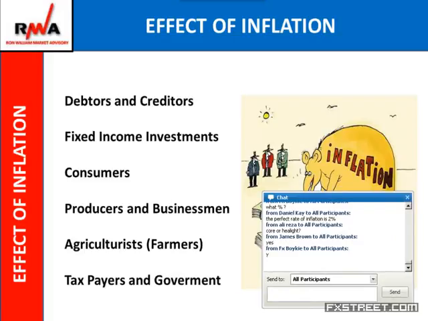Fixed income investments, people investing in long-term secure investments, may have issues, especially if you believe in this potential bond bubble that may break out.